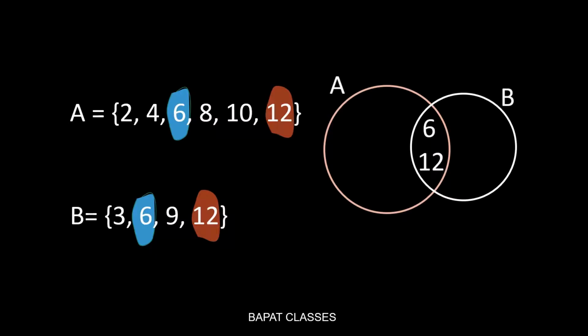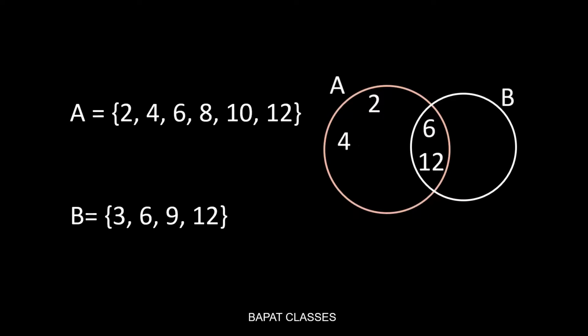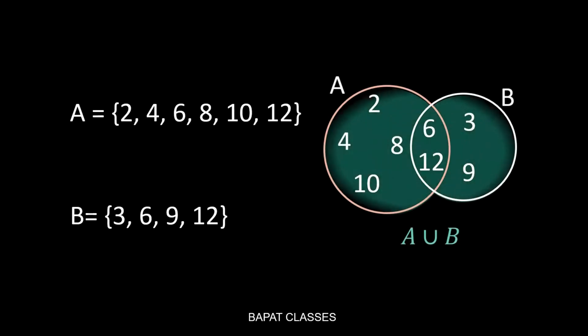Then remaining elements of sets A and B on left side and right side of the common region respectively. Shaded region is A union B.